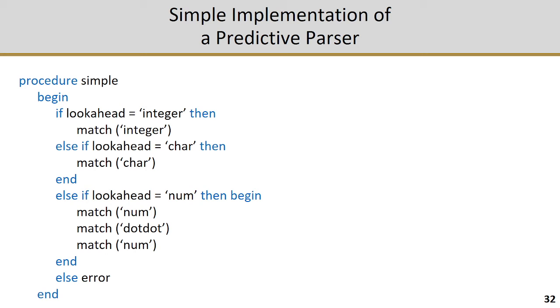However, it is important to note that this implementation hardwires the grammar itself into the code. So this kind of parser can only parse this grammar and nothing else. The grammar cannot be modified because it is hard-coded.